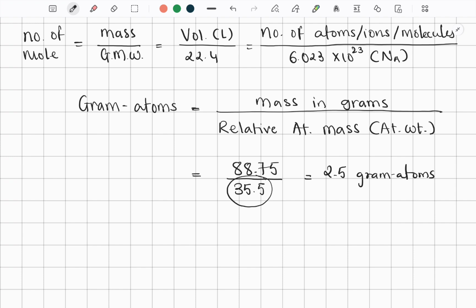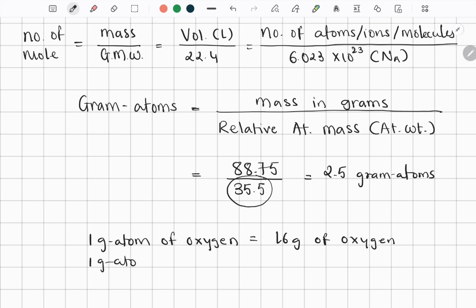So if I say 1 gram atom of oxygen, it would be 16 gram of oxygen. If I say 1 gram atom of carbon, it will be 12 gram of carbon.